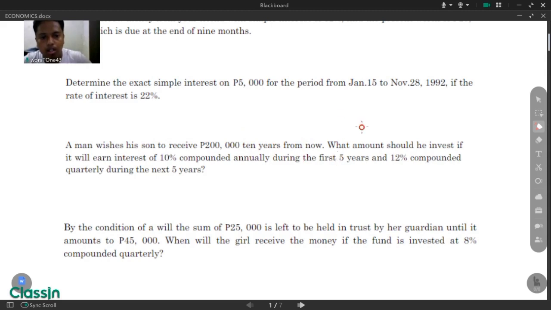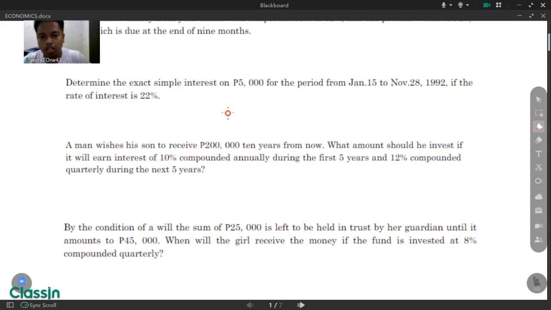What amount should he invest if it will earn interest of 10% compounded annually during the first 5 years and 12% compounded quarterly during the next 5 years? So we have first compounded annually, so we have the time 5 years times one.